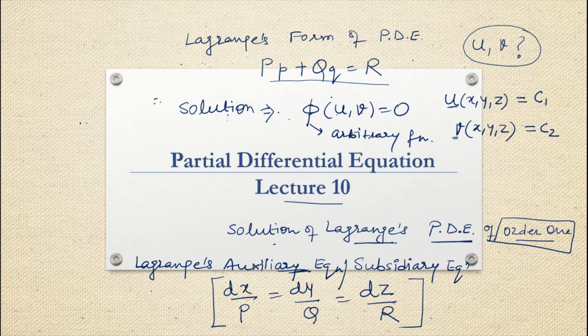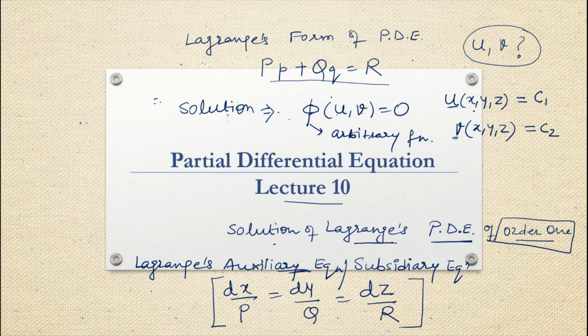Okay, and this c1 and c2, which we are relating them with as constants, are actually characteristic curves of Lagrange's auxiliary equation. So we relate them as arbitrary constants.